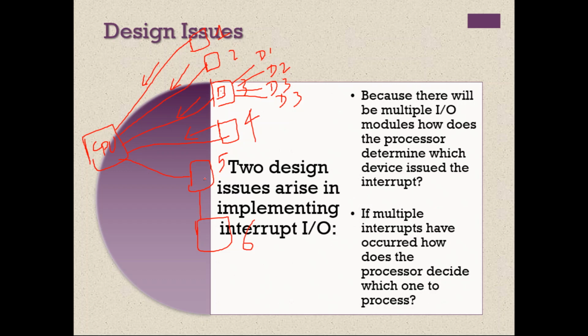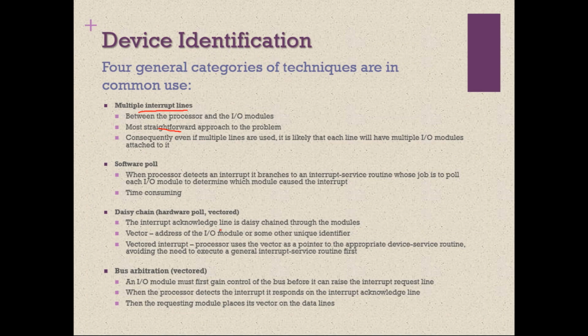Now both the fifth and sixth IO modules will use this same line to generate an interrupt. How will the CPU understand whether it is coming from the fifth module or from the sixth module? Such issues will happen with multiple interrupt lines, and mainly it is impractical to have that many interrupt lines. But this is a very simple and straightforward technique.